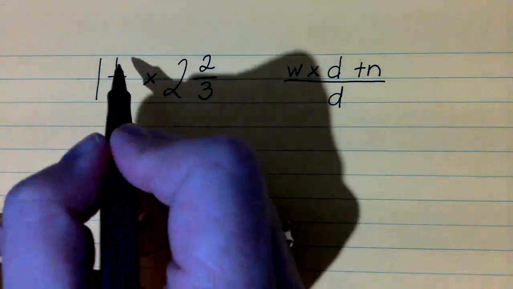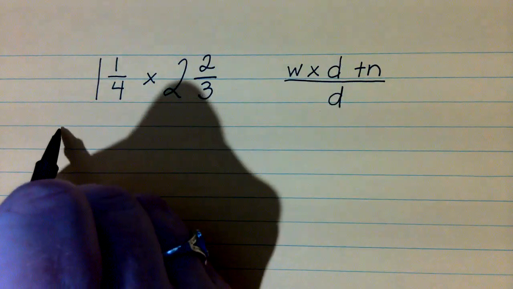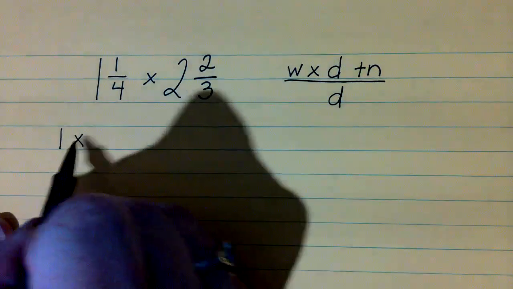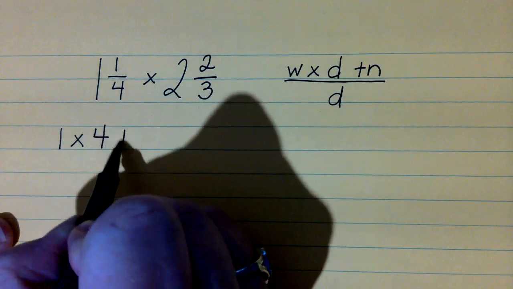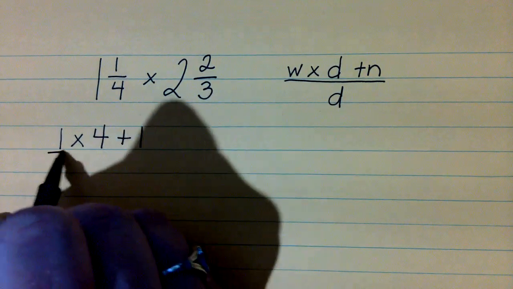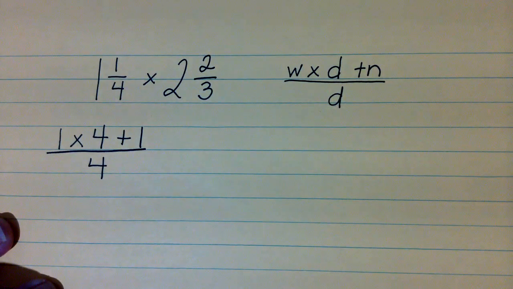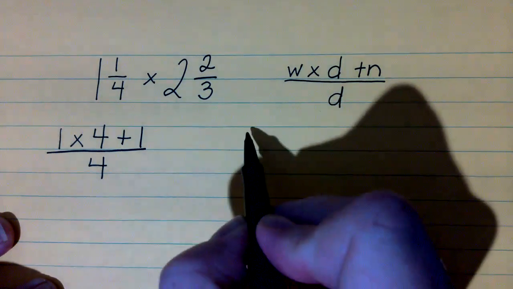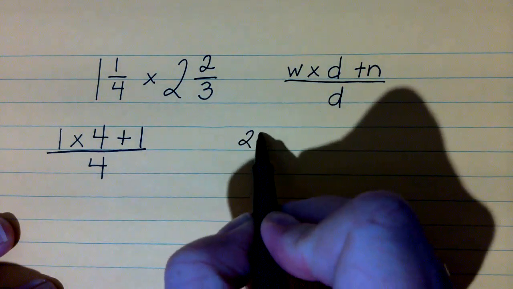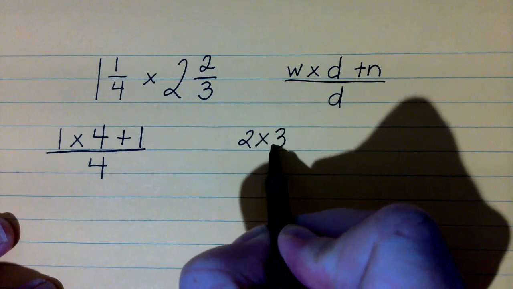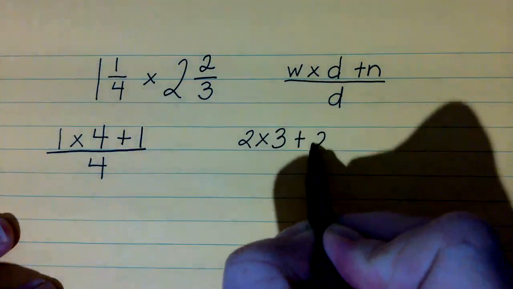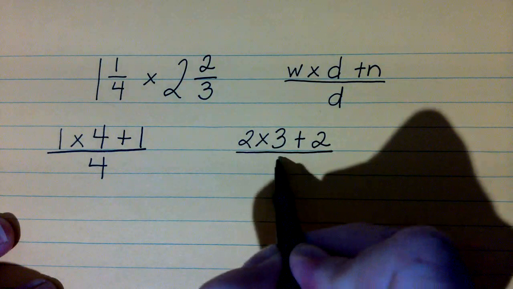So for the first mixed number, I'm going to change that to 1 times 4 plus 1 all over 4. For the second fraction, I'm going to change that to 2 times 3 plus 2 all over 3.